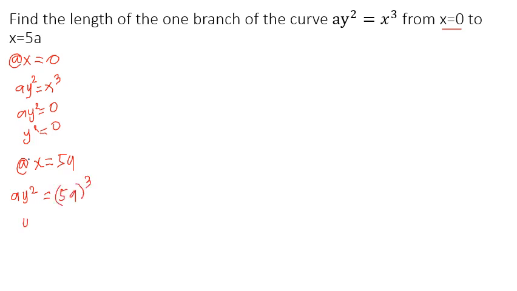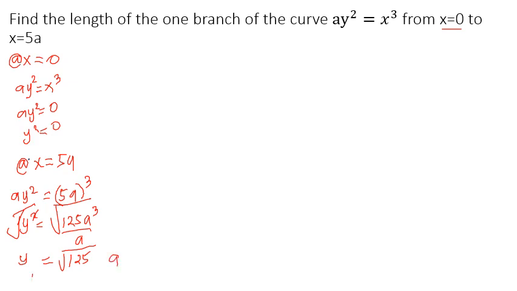So you have y squared is equal to 125 a cubed all over a. So you have to get the square root of both sides. So you will have square root of 125, then you have a.